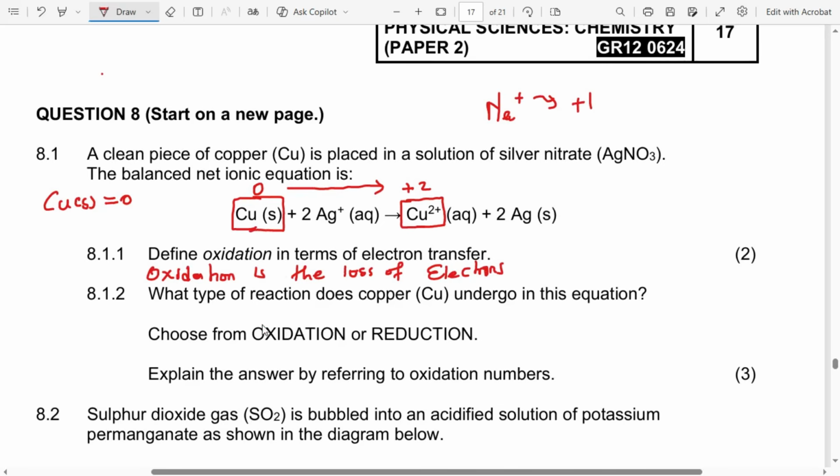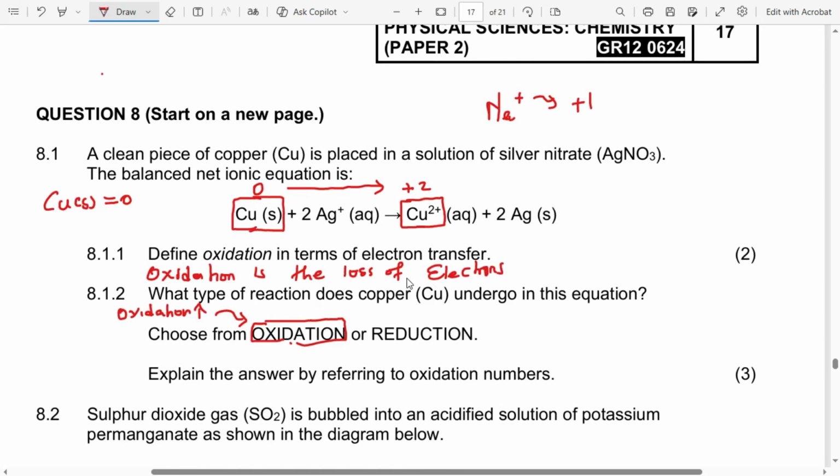Let me write this down. If the oxidation number increased, this is oxidation. Copper will undergo oxidation, since its oxidation number increased from 0 to plus 2.